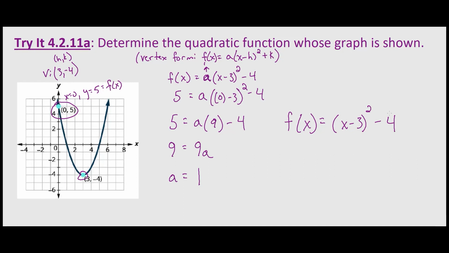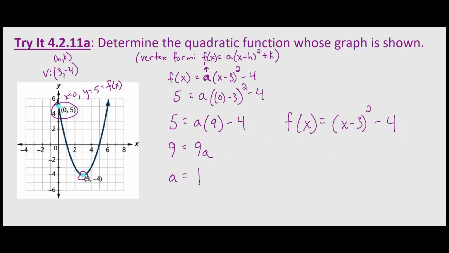So again, anytime we're given the graph of a quadratic function, we can use vertex form by using the vertex and substituting that for (h, k), and then picking any known point on the graph. Obviously, we're going to want to use one that has integer values if possible. That makes things a lot simpler.